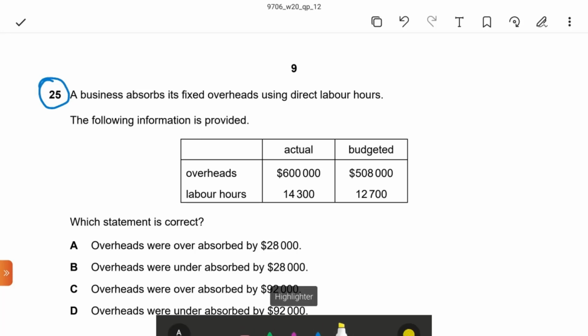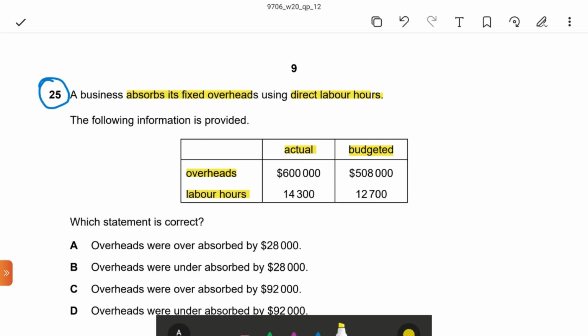A business absorbs its fixed overheads using direct labor hours. The following information is provided. They are given actual and budgeted overhead and labor hours. Which statement is correct? Here they are given whether overhead is underabsorbed or overabsorbed.